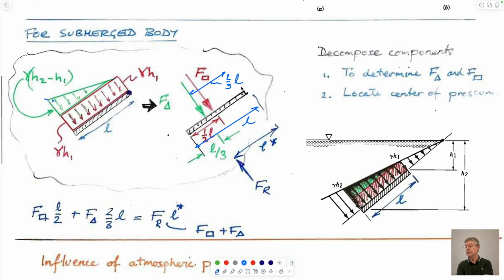You can get it also from using our parallel axis theorem, our y sub r, but the location of the triangular distribution is always going to be acting 2/3 of the way down this distribution, 1/3 up from the base. And the prismatic distribution will always act at the centroid. Delta y is equal to 0, and I guess delta y is equal to 1/6, right? This would be 4/6, this would be 3/6, and this would be 4/6.